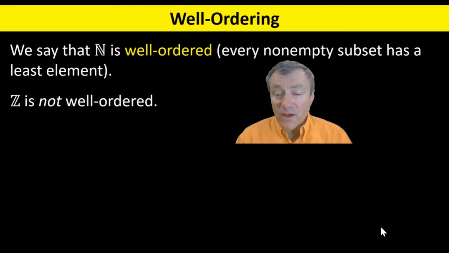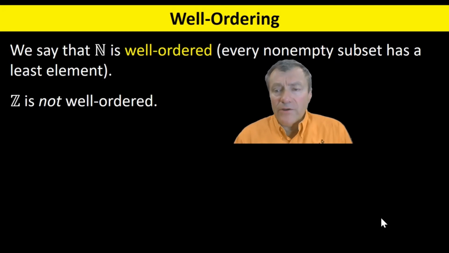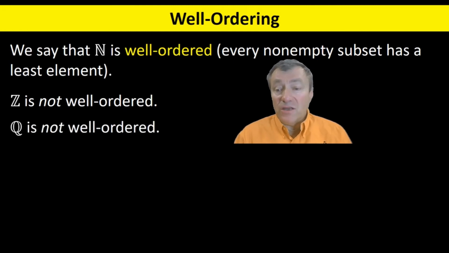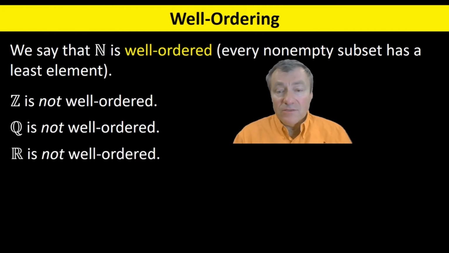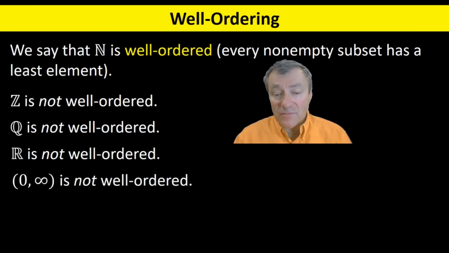Let's look for other instances of this. The integers are not well ordered. It does not even have a least element. The rational numbers also are not well ordered. There's no least element. So I guess the real numbers are not well ordered because they don't have a least element.